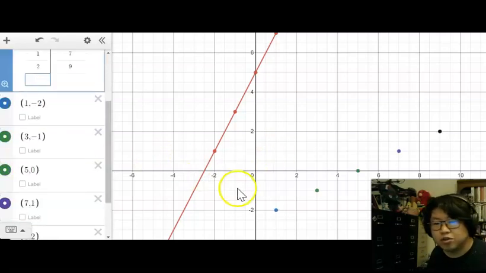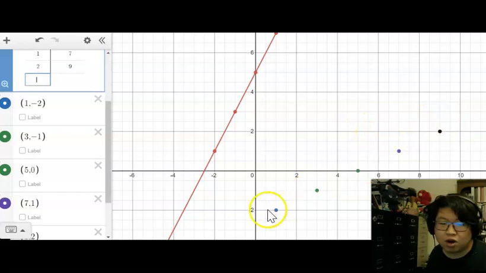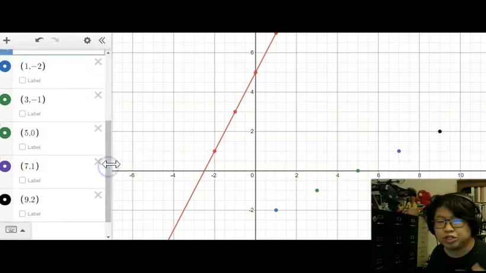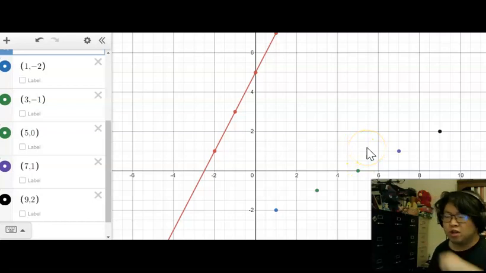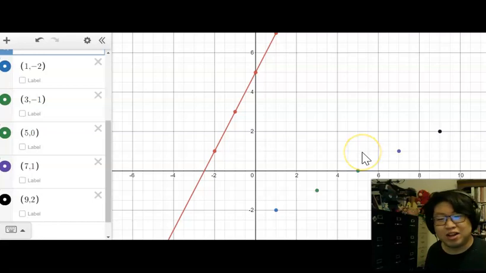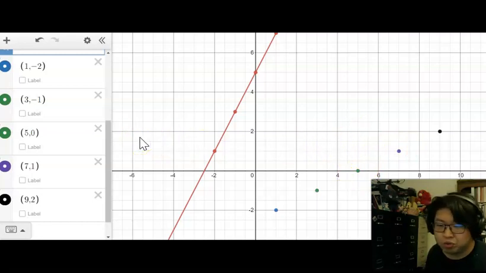So you can see the points now are creating a line. So what you can do here is use your knowledge of slope to figure out that going from 5, 0 to 7, 1, I'm going up 1 over 2. Excuse me, sorry. Rise of 1, run of 2, just like that. And so we know the slope will be 1/2.